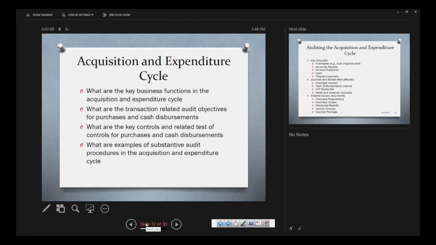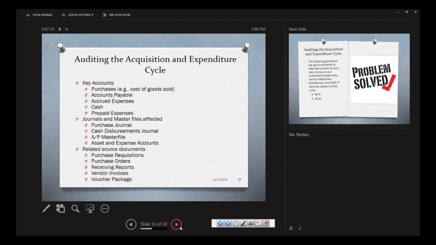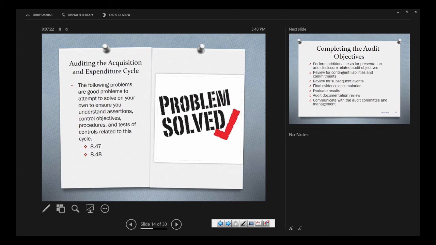Keep in mind, in this cycle, one of the big risks would be unreported liabilities or unreported expenses. And again, the key accounts and the key journals. Again, a couple of problems that you want to review. I think one of these problems deals with search for unreported liabilities.